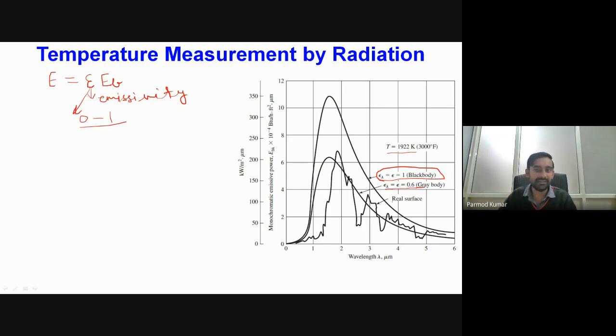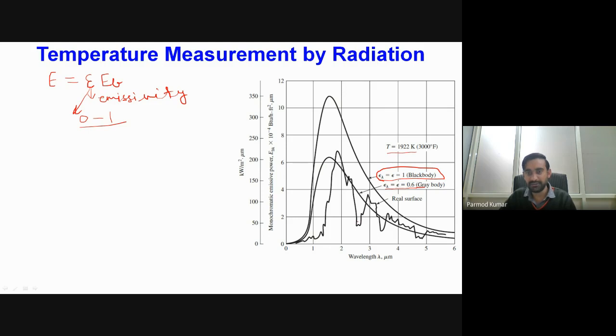Then we have a third curve where the emissive power is less than that of the black body. Moreover, if we compare it with the fixed emissivity 0.6 curve, we have a lot of fluctuations here.